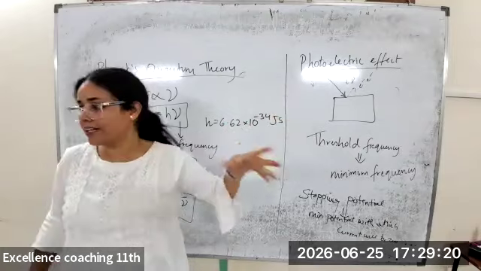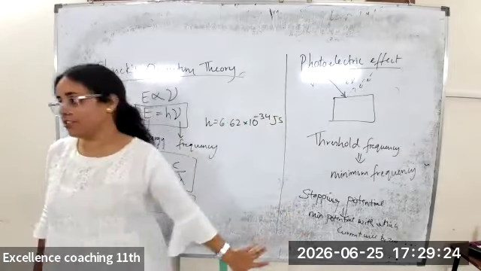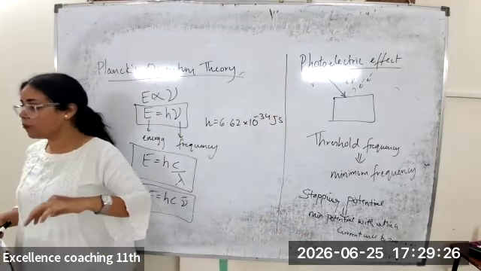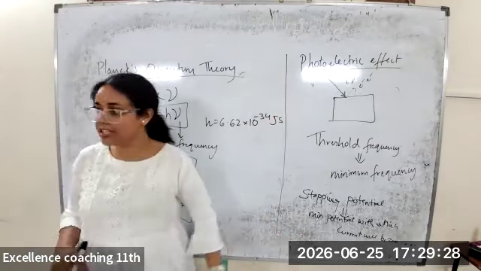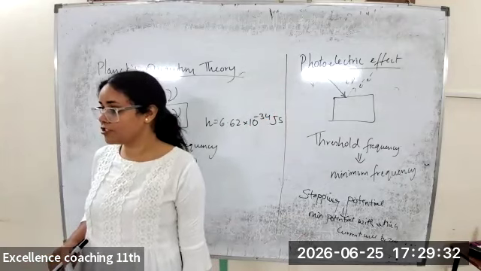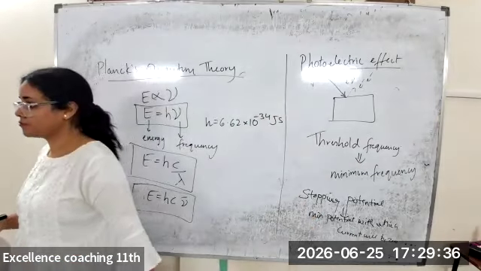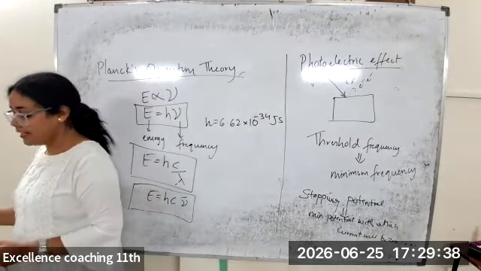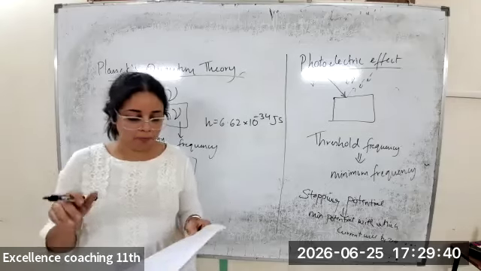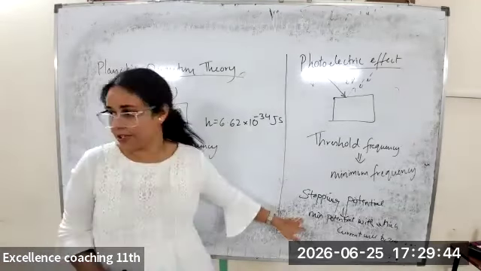The third one is the stopping potential, the minimum potential when the current will be zero. It is the minimum potential at which the photoelectric current will be zero.